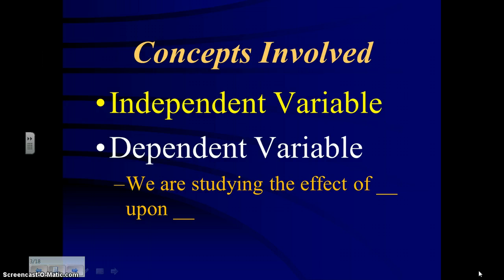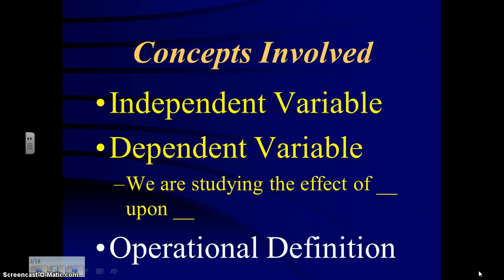Well, we're studying the effect of violence on TV upon violent crimes in America. So there you again have the independent and the dependent variables. Now, one other concept we need to focus on when we talk about the hypothesis in a research study is something called an operational definition.